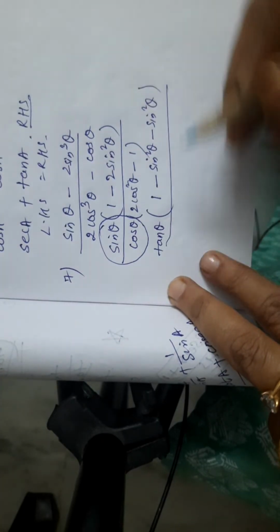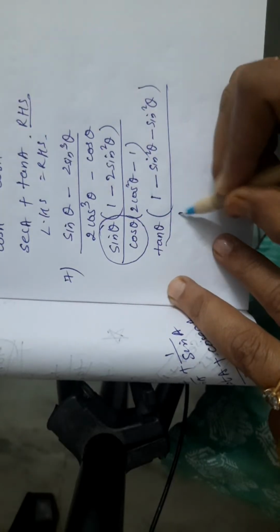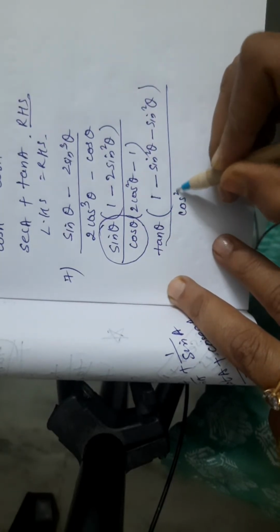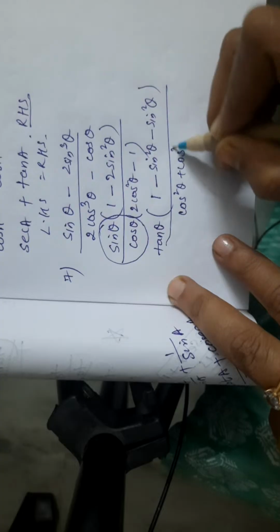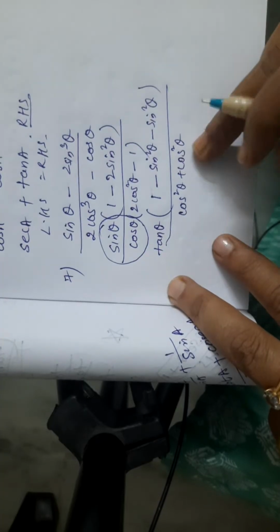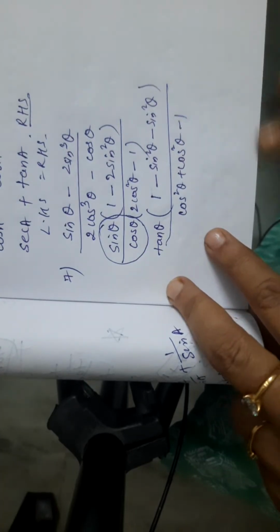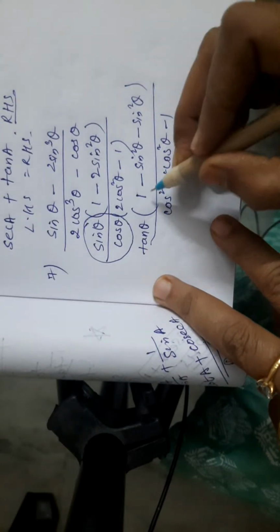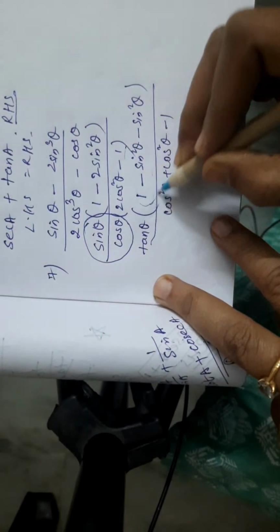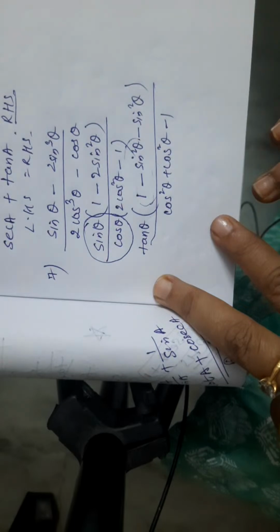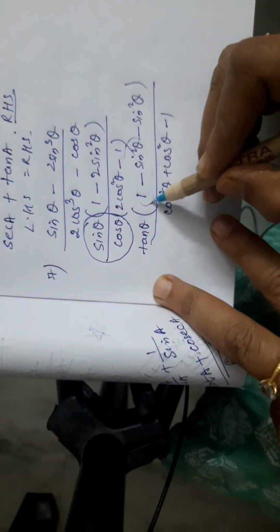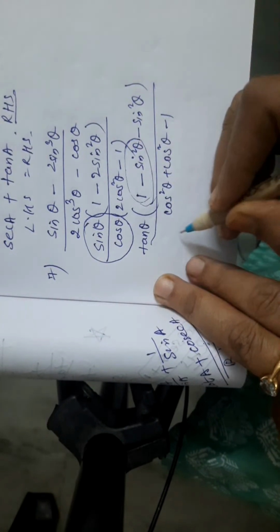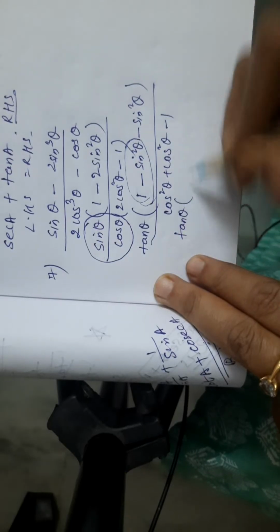And in the same way 2 cos square theta can be written as cos square theta plus cos square theta, as they are twice, so we separated them. Moreover, 1 minus sin square theta can be written as cos square theta. So here we'll be replacing 1 minus sin square theta with cos square theta.